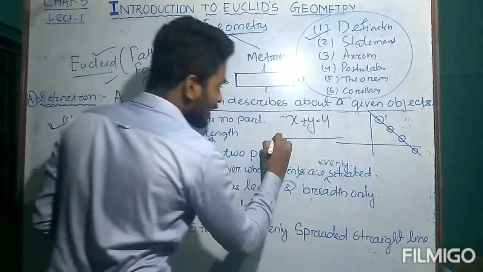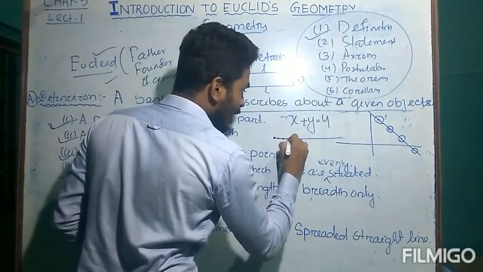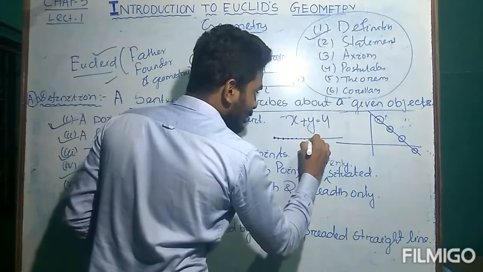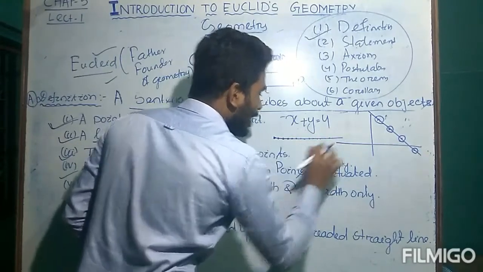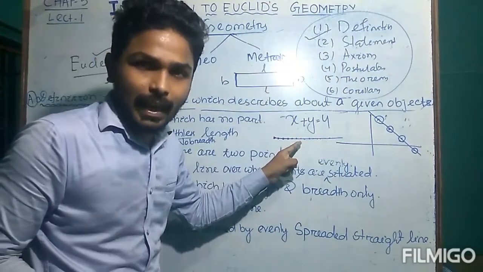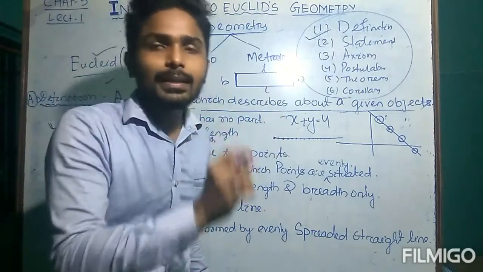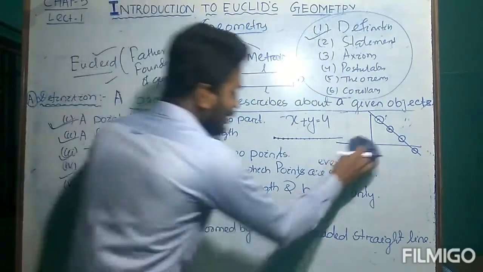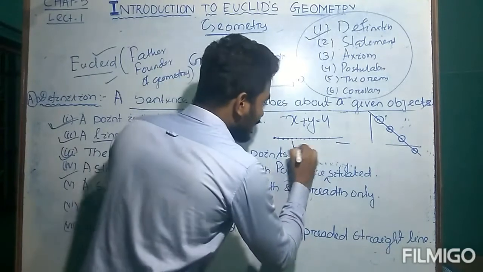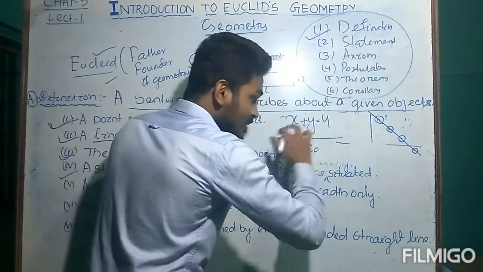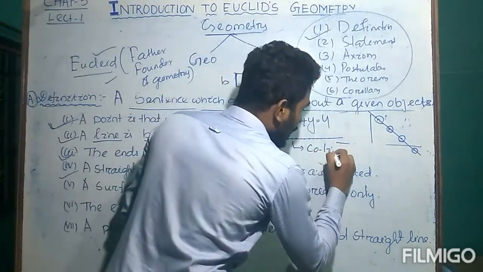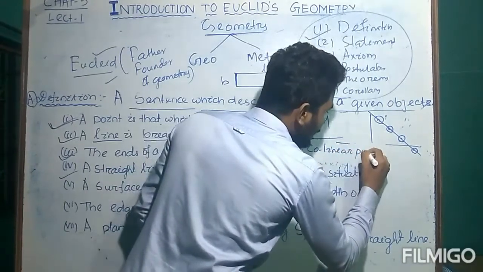If this is a straight line, then this is a point, this is a point, this is a point. All the points lying on the straight line are known as collinear points. Again, the points lying on the straight line are known as collinear points.